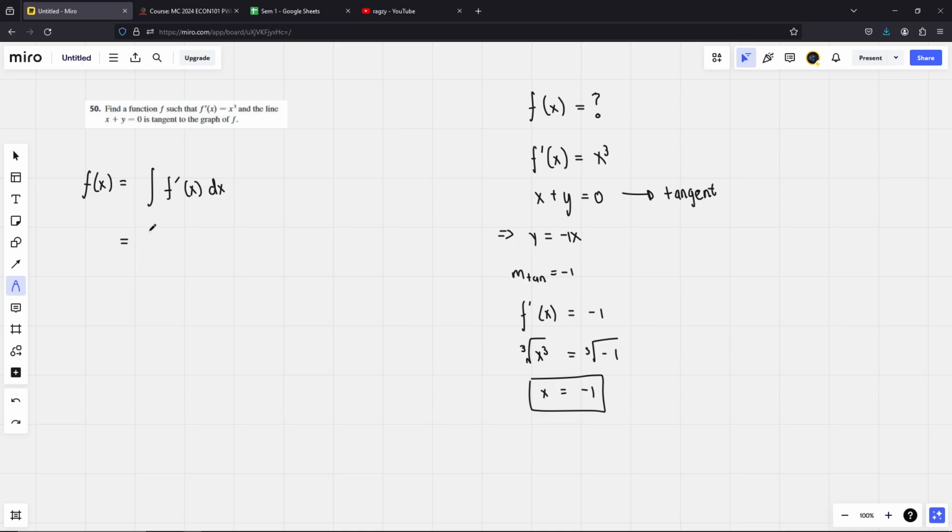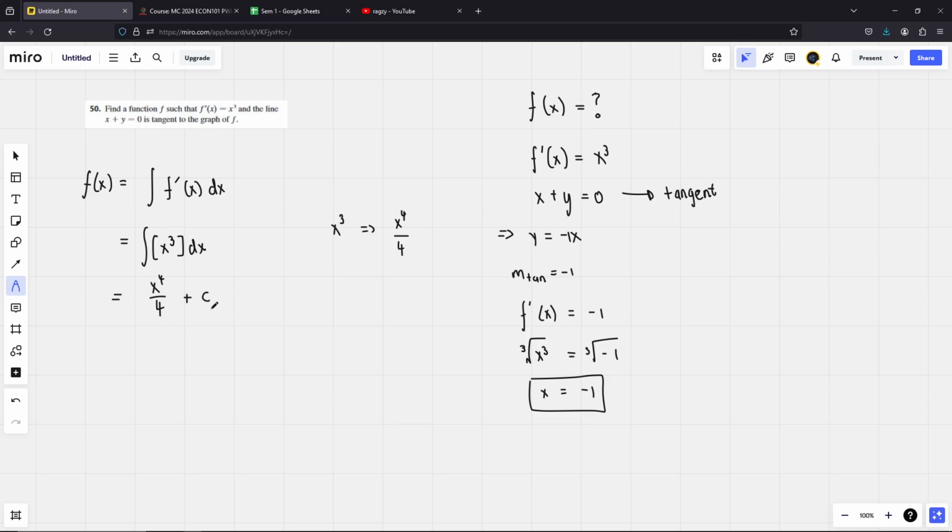And this is going to be equal to the antiderivative of x cubed with respect to x. Now taking the antiderivative of x cubed, the rules of anti-differentiation tell me to add 1 to the exponent and then divide by that same result. So this is just going to be x to the 4 all over 4, and of course we cannot forget the constant of integration, which means that there is a possibility of there being a constant, and that constant could be anything.